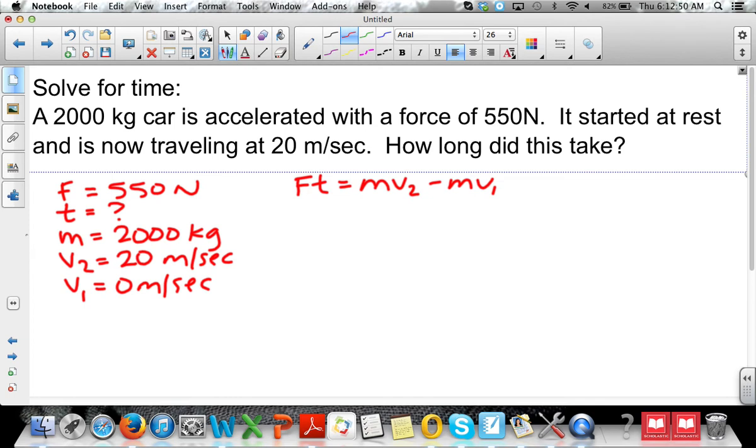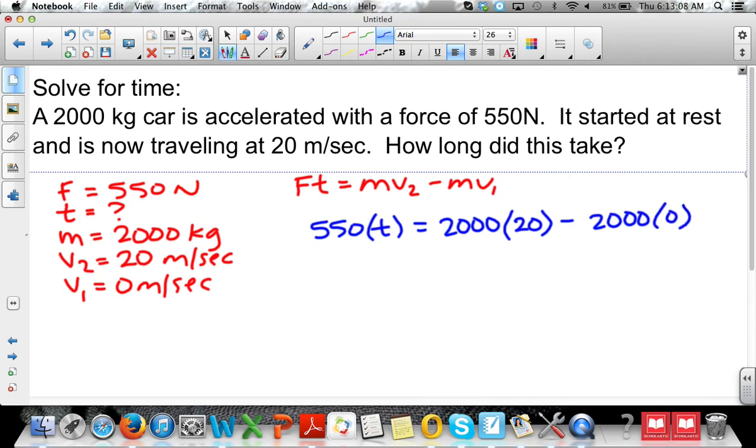So now that I have all these things, I'm going to go plug them in. Okay, V2, remember to use V2 in the right spot. Mass matches, and then V1 is 0. So again, I'm going to just simplify. 2,000 times 20, that is 40,000. Yep.